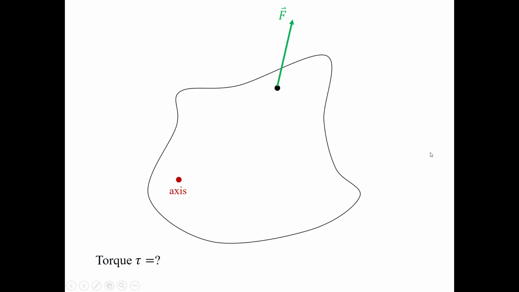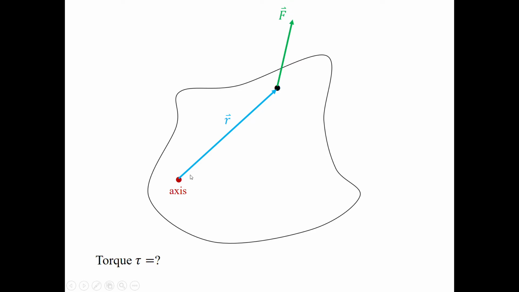Let's suppose that thing's just sitting there, and all of a sudden I reach in and pull with a string that's attached to this point right here. So it's attached to the dot, and I pull with a string, force F in that direction. What is the torque that we're applying to this? We're going to give a definition that's consistent with that intuitive idea we explored in the last voting question.